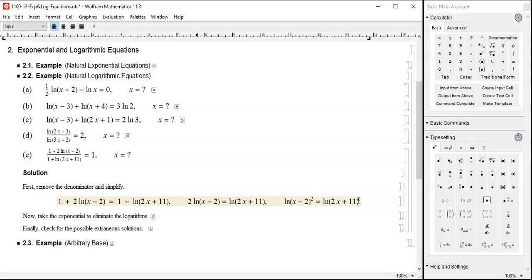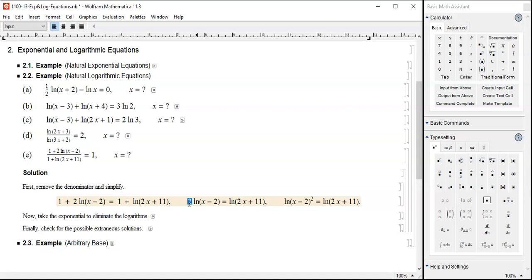Flip the denominator to the other side, and then you're going to see this one and that one would cancel each other out. We have one log equals another log. Not ready yet. This 2 must go, otherwise you cannot take the exponential of both. You cannot just remove log here. That's incorrect.